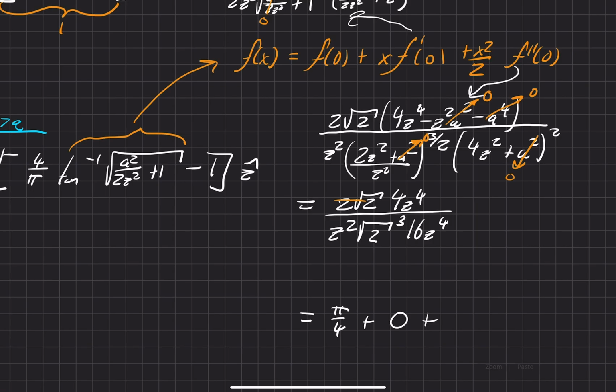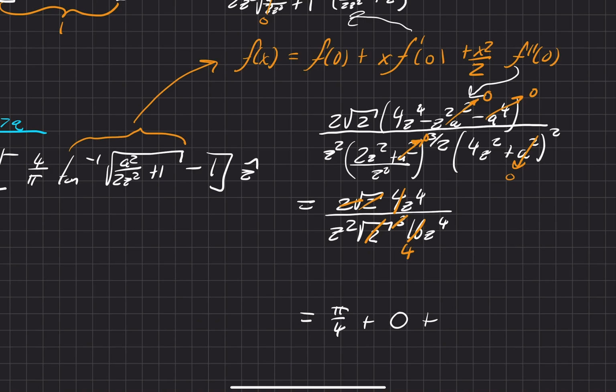This will turn into, let's see here, oops, let me change that. These 2 square roots, 4 goes away. This turns into a 4. Actually, square root, sorry. This ends up square root of 2 times square root of 2, oh my god, square root of 2 to the 3rd is actually equal to 2 times the square root of 2, so we can just cross out all of that.